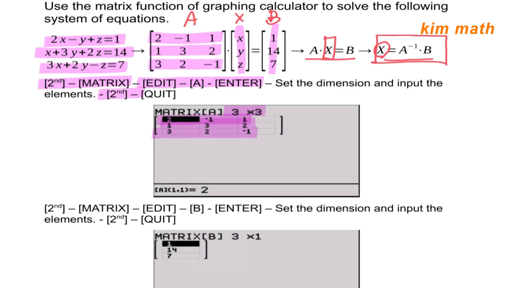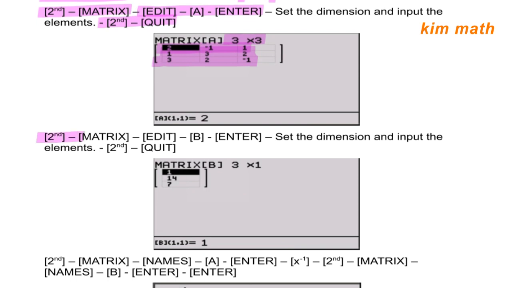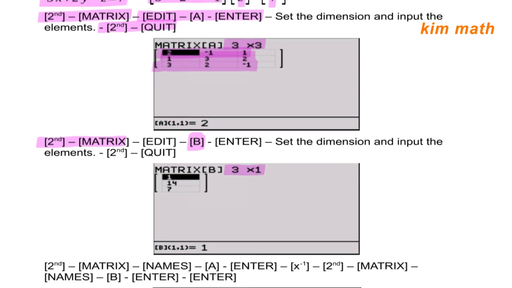Then please leave the matrix function and call matrix function one more time. In this case, we will use the name B, and again set the dimension and input the elements. In this case our dimension is 3 by 1. Can you see that?